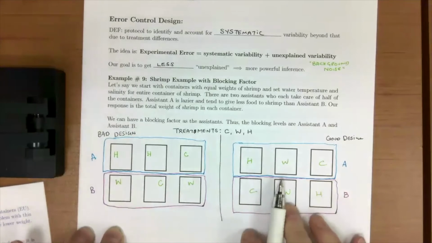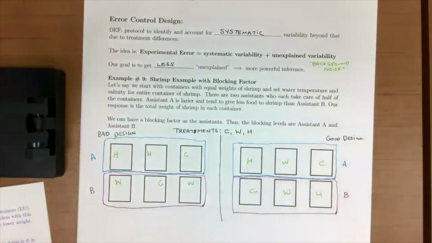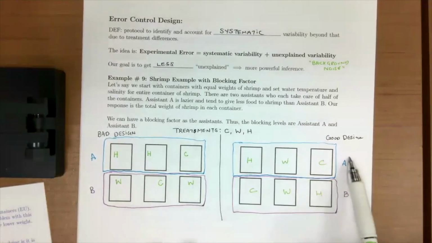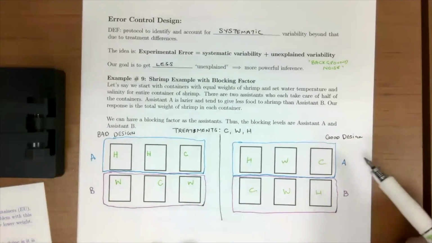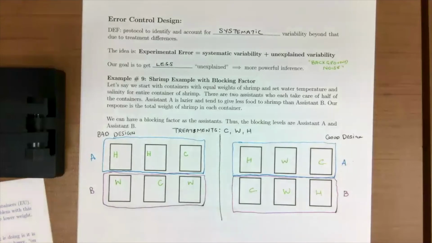What this is going to do, and this is also called restrictive randomization, is by doing this, we're going to block out the variability between the two assistants. And so now, when we compare, if these three are lower than these three, we can at least assume that it's going to be because assistant A gives them less food. And we can still look at the effect of treatment by putting this blocking.